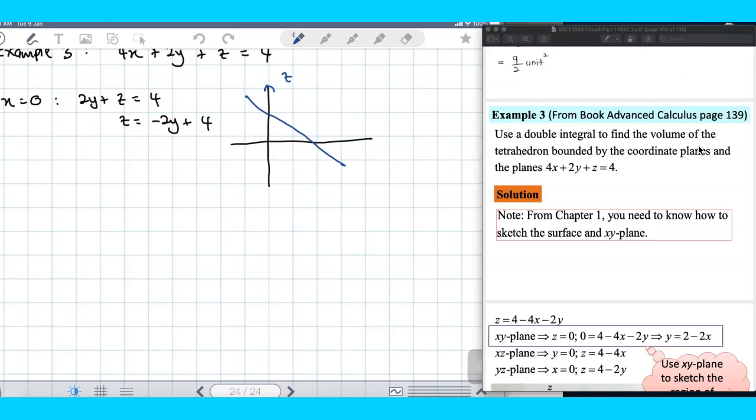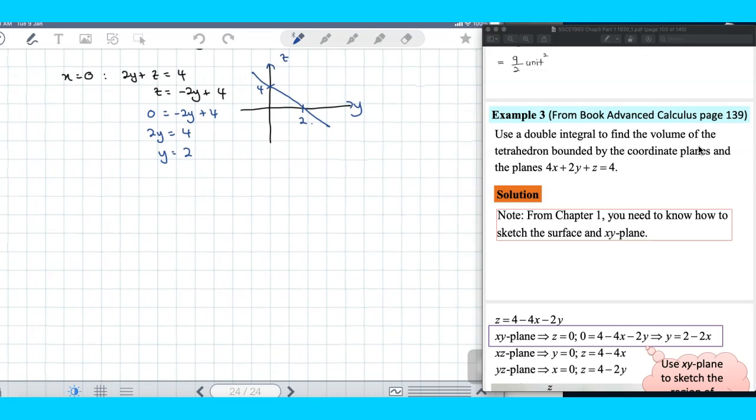On the zy plane, at z we have 4, and on the y-axis, you have to replace z equal to 0, and we will get 2y equal to 4, so y is 2. Okay, and then now we go to y equal to 0.